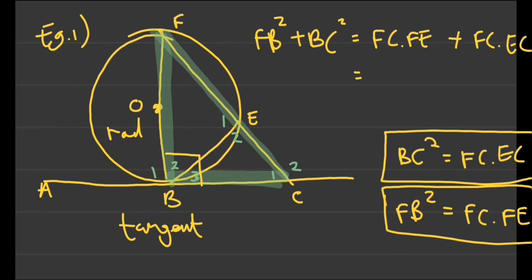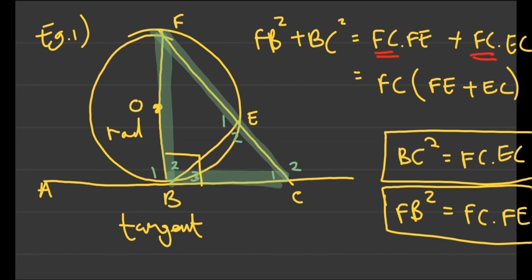Now I'm going to simplify this because I'm trying to work out what is FB squared plus BC squared. So to simplify this, I can take out FC as a common factor. And that leaves me with FE plus EC.